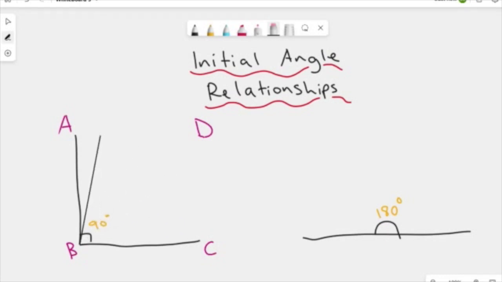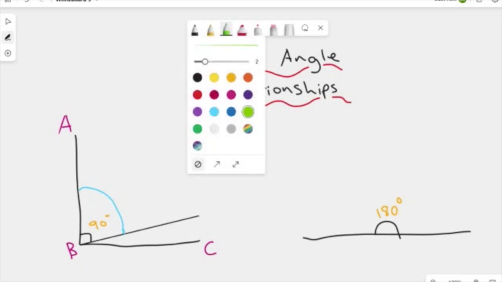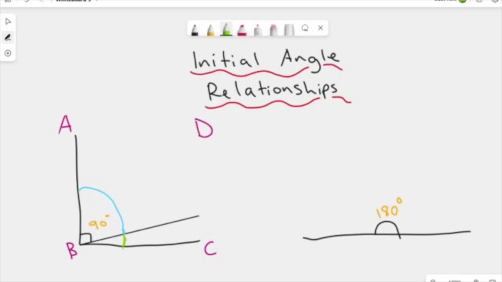We can see the blue angle I had to the left is increasing as the green angle decreases. So there's this constant back and forth between our angle sum no matter where we go. Say here, my blue angle now is huge relative to the size of my green angle.